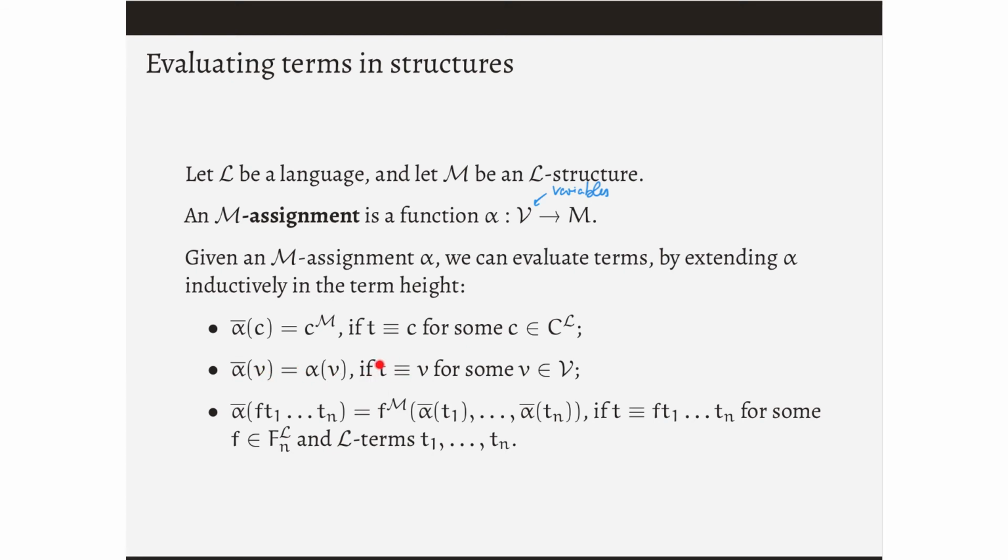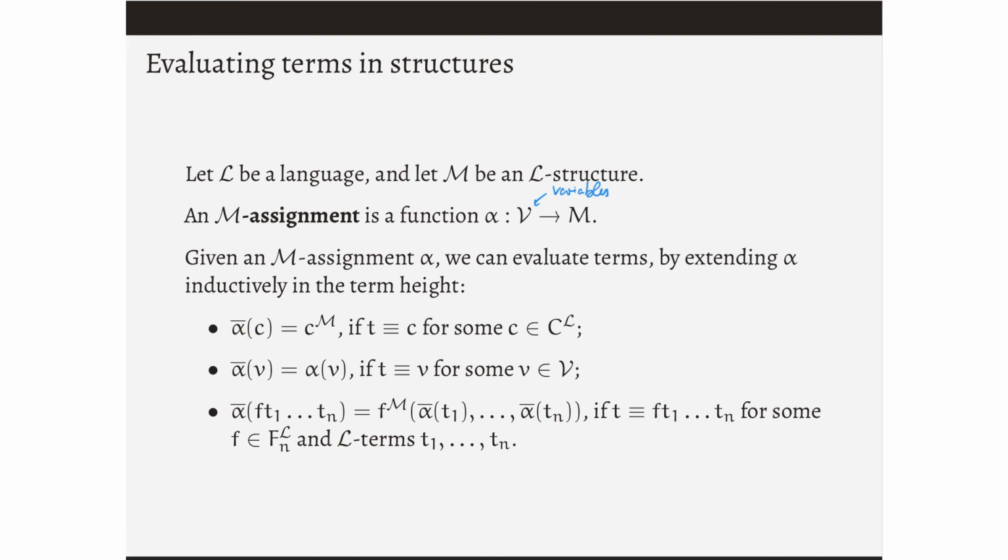So if our term is just a variable, then we just use alpha. Similarly, if our term is just a constant symbol, then we already have a value for that constant symbol by the definition of a structure, because the structure has to interpret that constant symbol. So there we just use that interpretation of the constant symbol in the structure as our value for alpha bar.